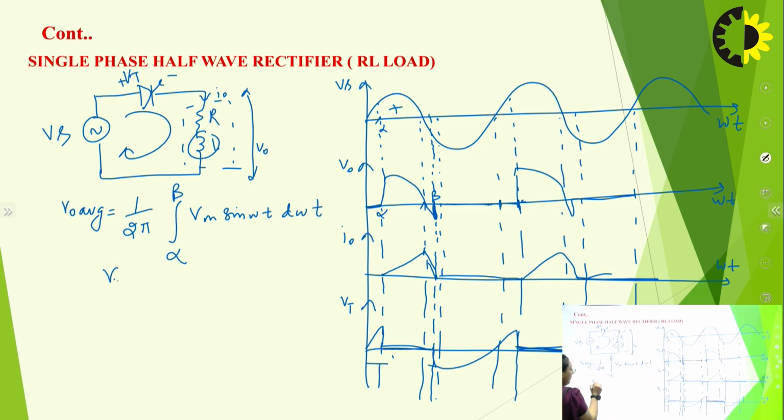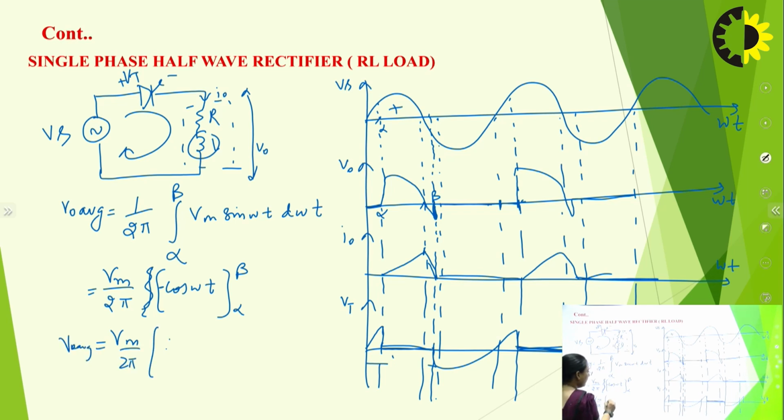So this will be Vm upon 2 pi, and this is minus cos omega t, from alpha to beta, so on solving, it will come out as cos alpha minus cos beta. If we solve it, V naught average will be equal to Vm upon 2 pi times cos alpha minus cos beta, and you can say I naught average will be Vm upon 2 pi R times cos alpha minus cos beta.